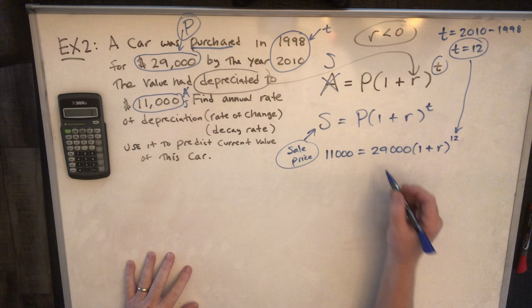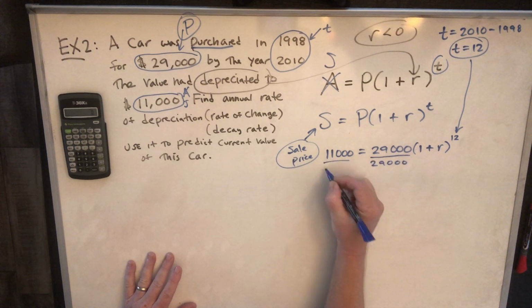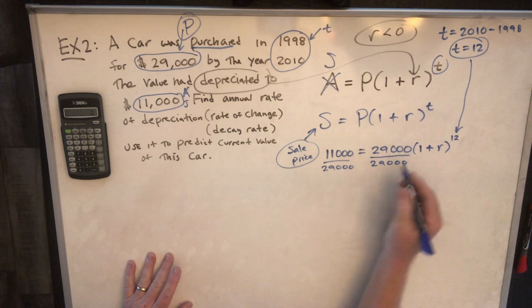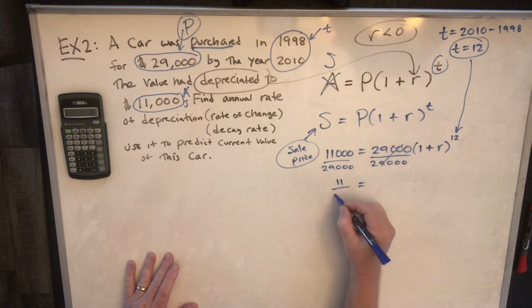So we have the same basic process. Looks like the numbers are going to be a little bit trickier this time. We're going to get 11/29.